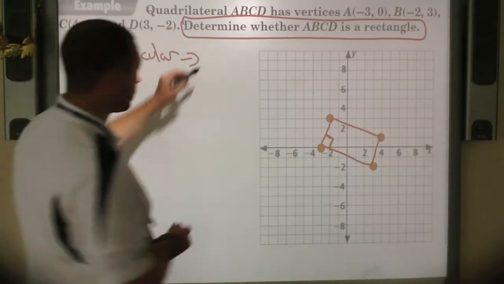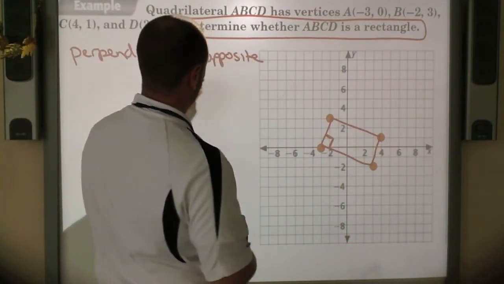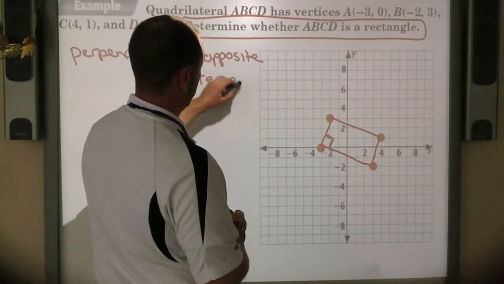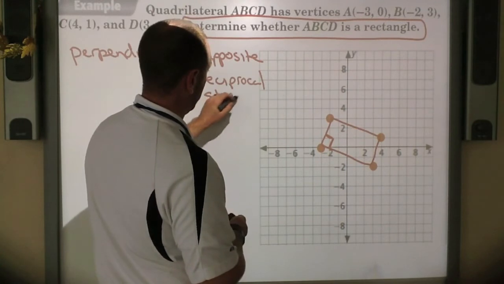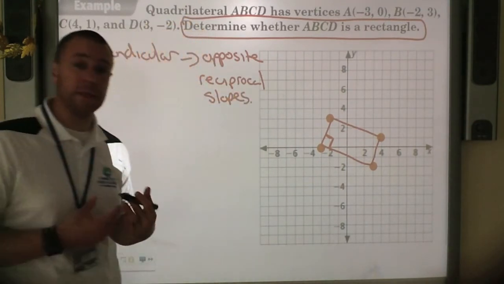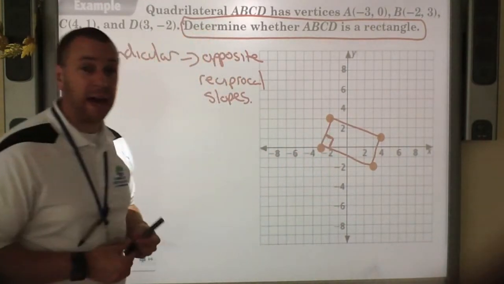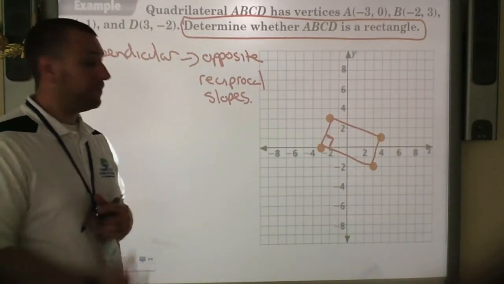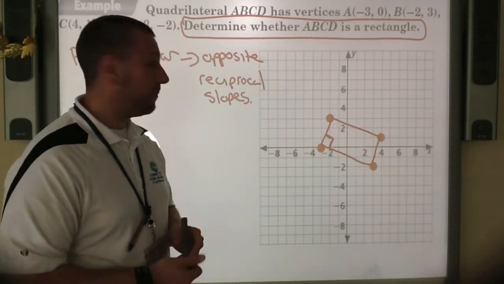And going back to parallel lines and perpendicular, perpendicular leads to opposite reciprocal slopes. That means that these will intersect at a 90-degree angle. So what I do is I just find the slope of each line.